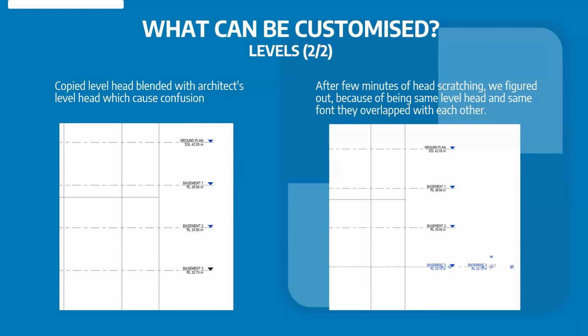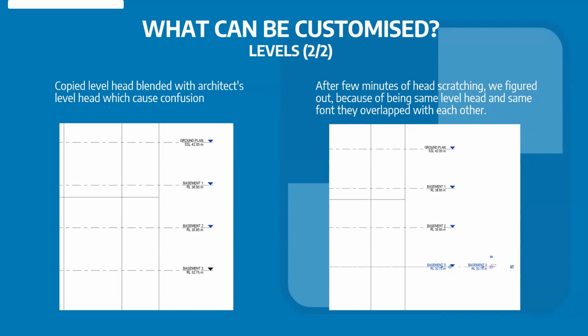This is one of the important things to talk about. We have been working on a project. Here we linked the architect's model and then we copied the architect's levels. After a few minutes of head scratching, we figured out that because the same graphic and the same title text font were used, we couldn't identify whether the levels were copied or not.